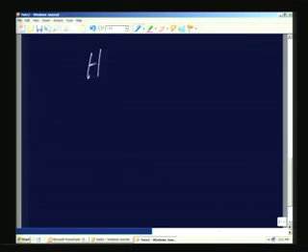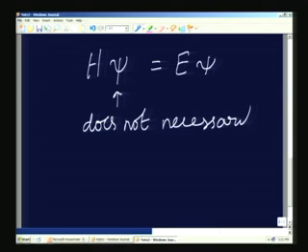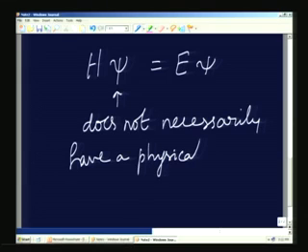When you solve this, H psi is equal to E psi, psi does not necessarily have a physical meaning or interpretation.